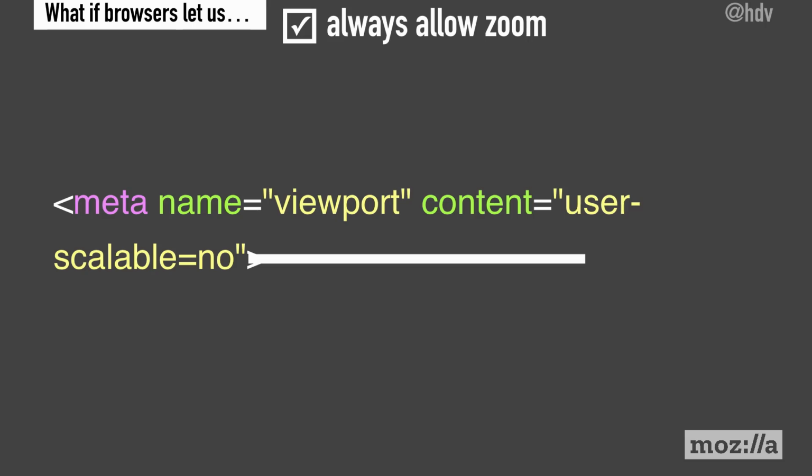So my proposal would be to have a checkbox where you can say always allow zoom, and it would just ignore that user scalable equals no. I have a different font on my slides there. Always allow zoom would do that, and it's something that I think iOS has been doing for a couple of years already. It ignores this rule for accessibility reasons, so that's cool. I would love all browsers to take up on that idea.